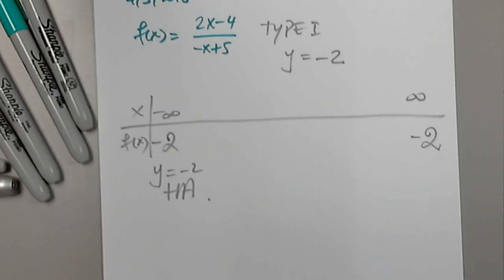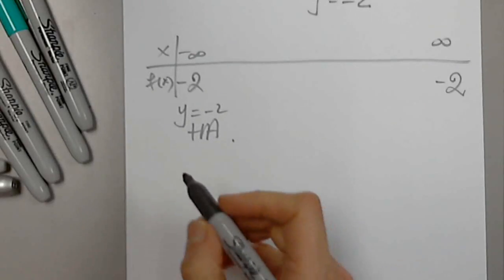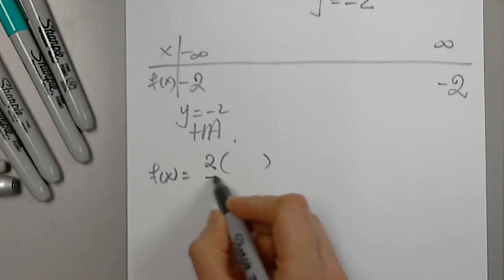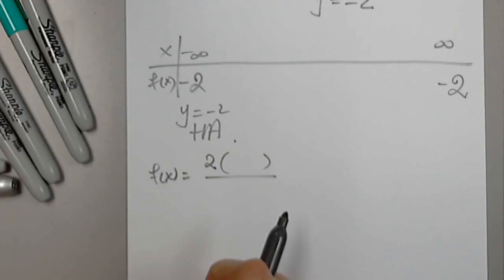Okay, so what is the next step? What do you think? Of course. Please tell me what is the domain of this function. Honestly, what I would have done right away, I would have factored out the 2. What is in parentheses when I factor out 2?